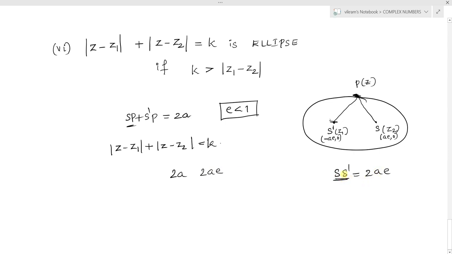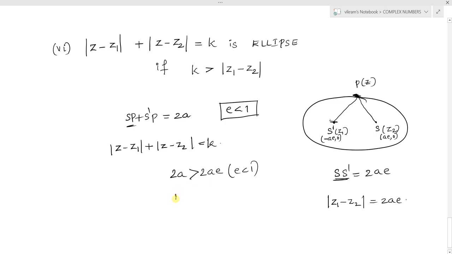Now the distance between S and S', which is nothing but mod of z1 minus z2 or z2 minus z1, equals 2ae. Since the eccentricity is less than 1, 2a is always greater than 2ae.